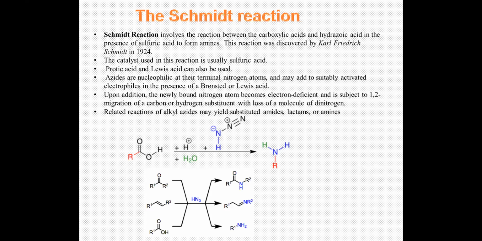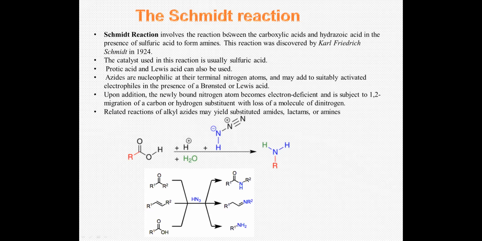Upon addition, the newly bound nitrogen atom becomes electron deficient and is subject to 1,2 migration. So once your azide gets added to the electrophile, this azide molecule becomes electron deficient. This nitrogen atom becomes electron deficient.